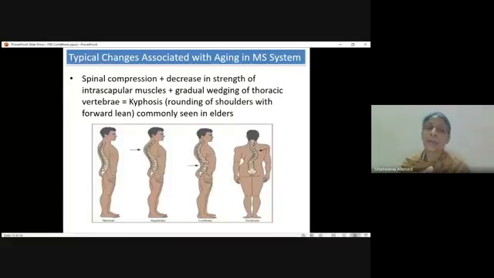And also there is wedging of the thoracic vertebrae. So you will see that in old people there is rounding and they will lean forward. All this is because of the loss of strength in our musculoskeletal system.